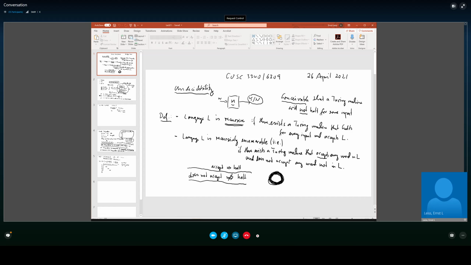This is what we typically do. I think most of us don't spend an awful lot of time, when we write down a Turing machine, to verify that in fact it halts on every input.